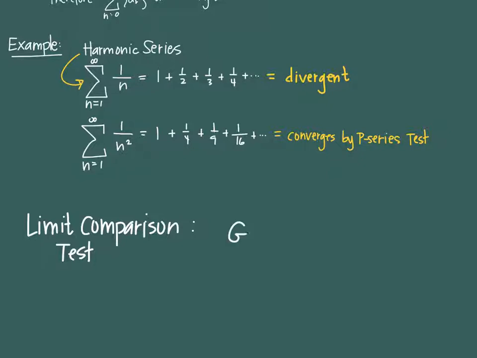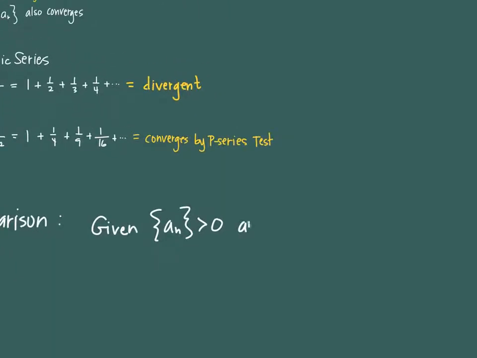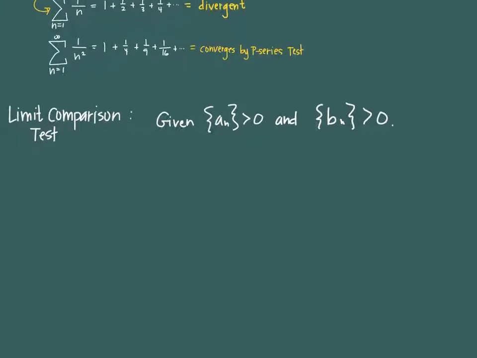In this one, given two sequences that are both always positive, in the limit comparison we are going to do the ratio of A to B, as long as they're both positive. It doesn't work if either one of them is negative, so you can't use the limit comparison test in that case.